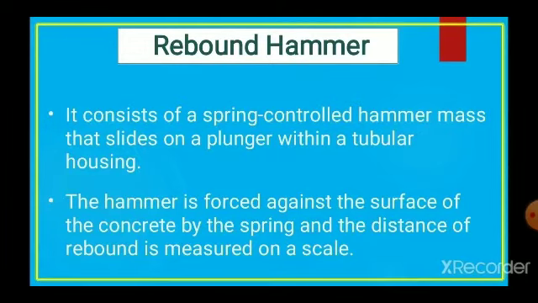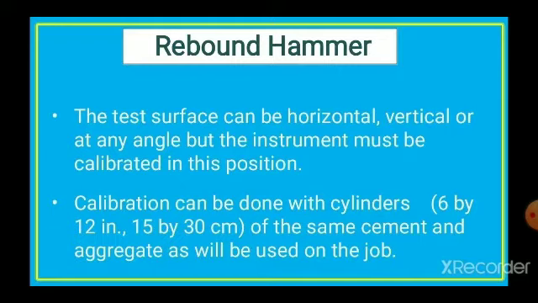The test surface can be horizontal, vertical, or at any angle, but the instrument must be calibrated in this position. Calibration can be done with cylinders 6 by 12 inches, 15 by 30 cm, of the same cement and aggregate as will be used on the job.